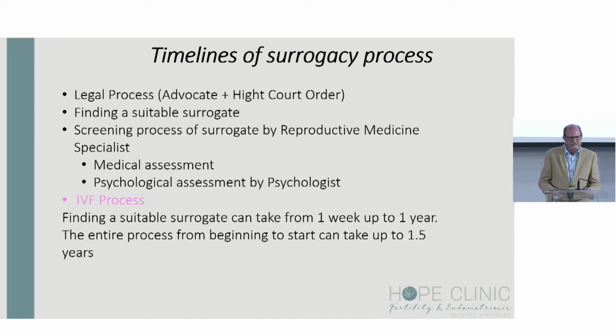And you have to advertise or go through a surrogacy agency, or you have to get a surrogate from your treating physician, etc. And then the screening process of the surrogate by the reproductive medicine specialist also takes some time. There's a medical assessment that needs to be done.